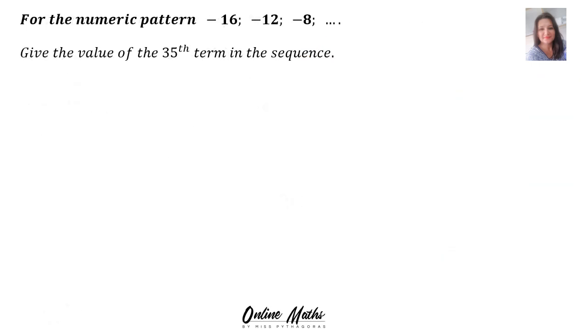For the numeric pattern -16, -12, -8, the pattern from the previous slide, give the value of the 35th term in the sequence. So do you understand that n is equal to 35 and we are looking for Tn?